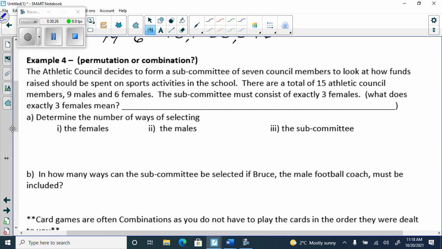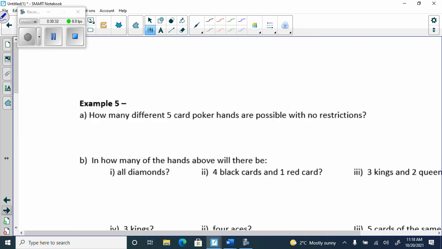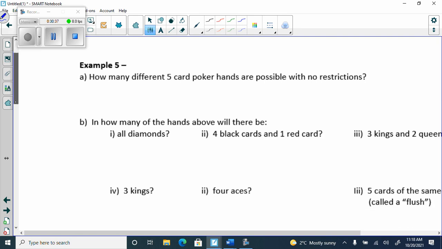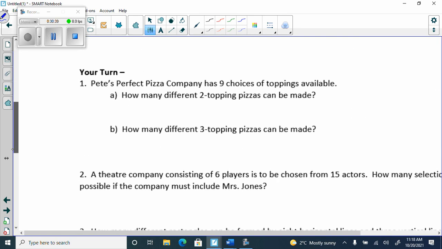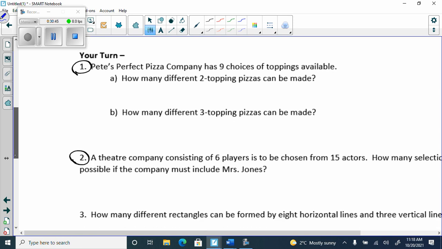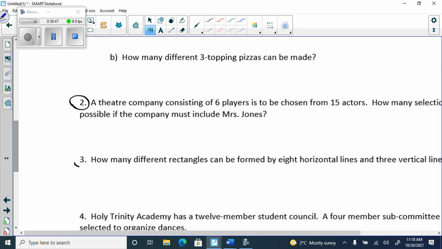Okay, this one. Actually, we're going to go here. We'll come back to those ones. I want you guys to go to Example 5 and do the Your Turns. I want you to do number 1 of the Your Turn, number 2 of the Your Turn, which is 2 pages ahead, and number 4.